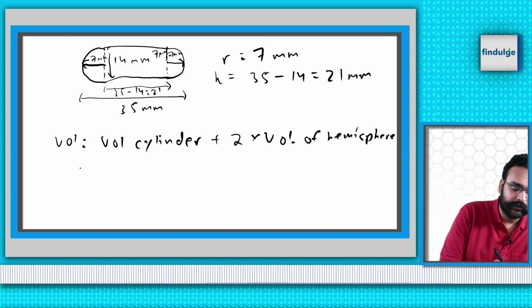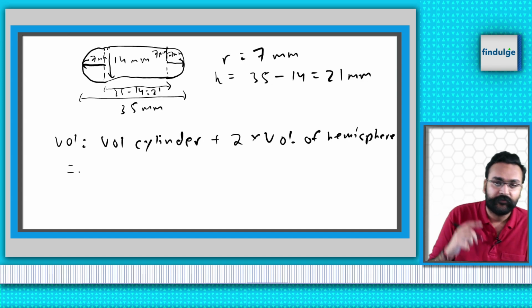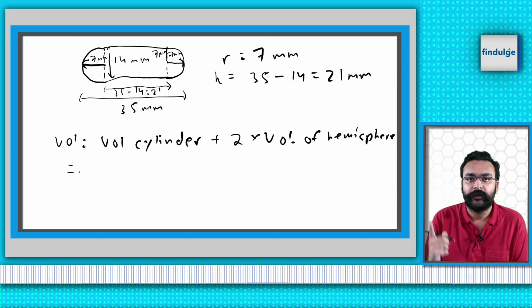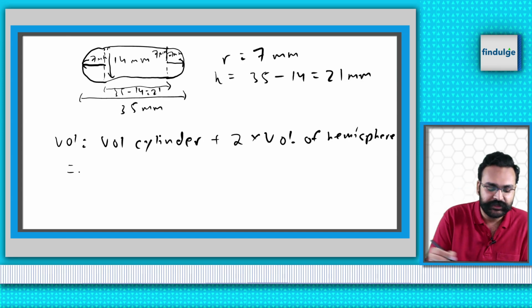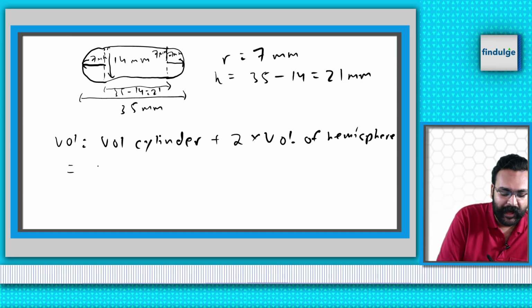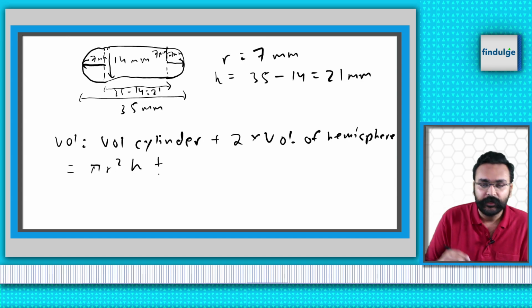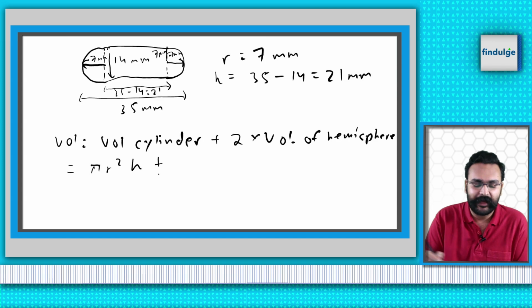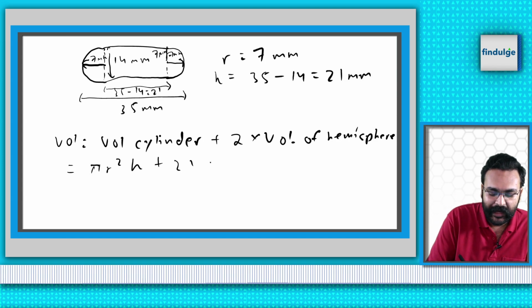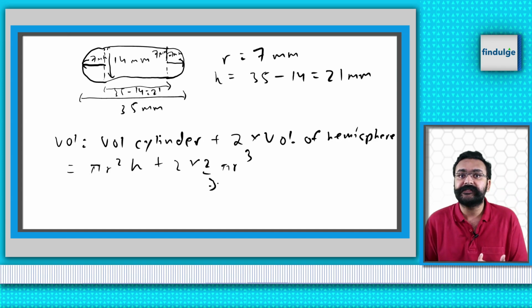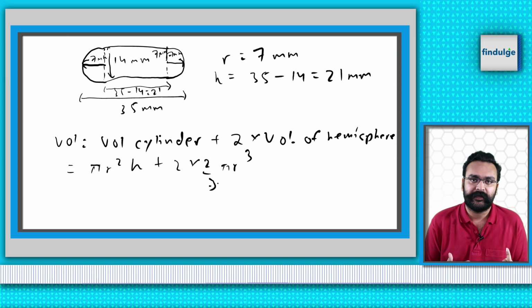And so the total volume will be, formula for volume of cylinder, pi r square h, plus 2 times the volume of the hemisphere, 2 times 2 by 3 pi r cubed. Notice here I use the same r because they have the same radius.